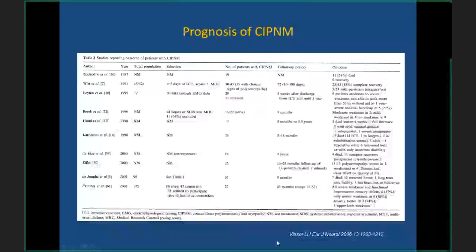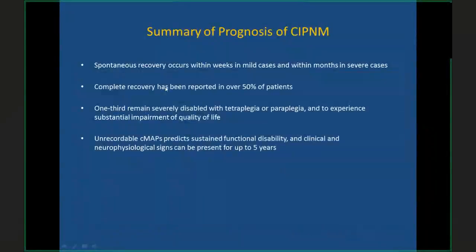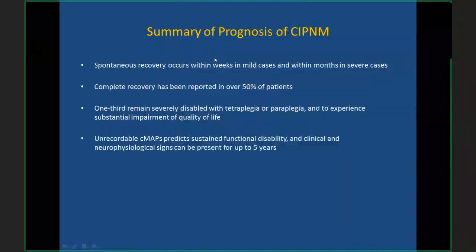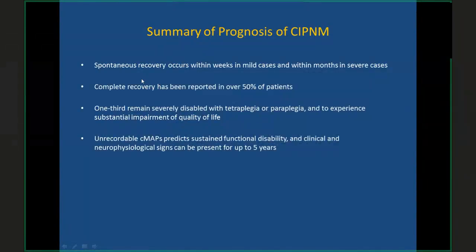Prognosis, there are several studies. This is a very busy slide, but here is the summary. Spontaneous recovery can happen within weeks in mild cases. Severe cases will take many months. Complete recovery can happen in 50% of patients, but still a third of patients remain severely disabled after ICU admission.